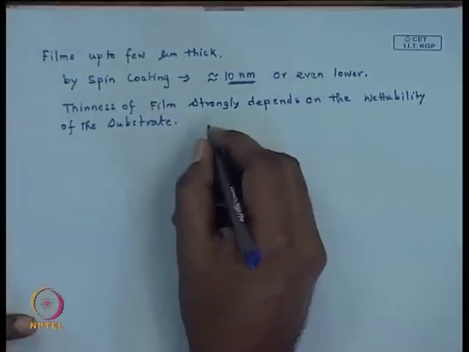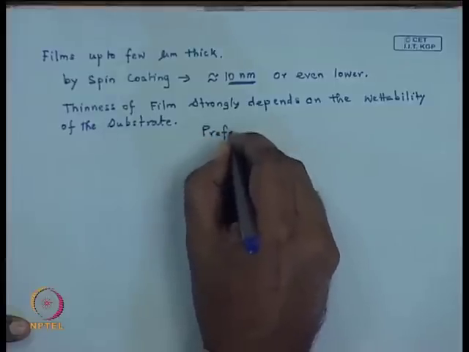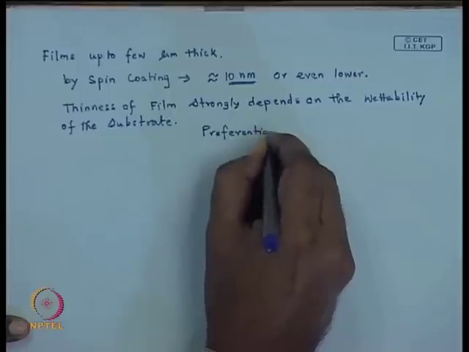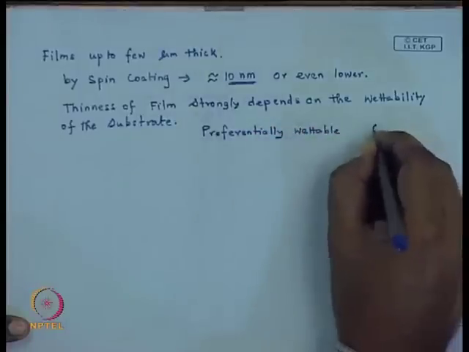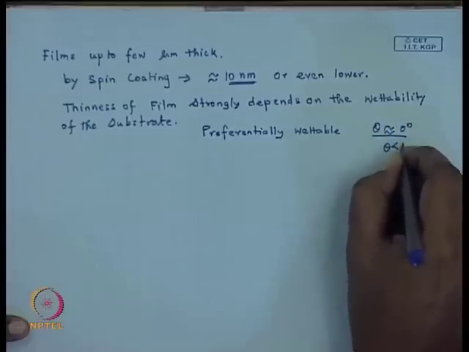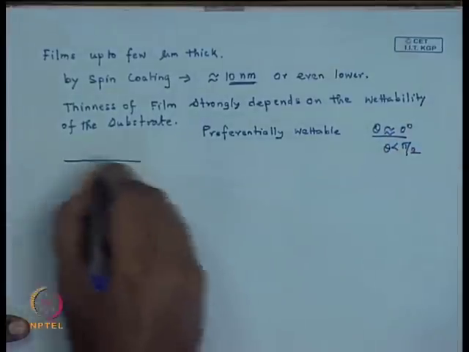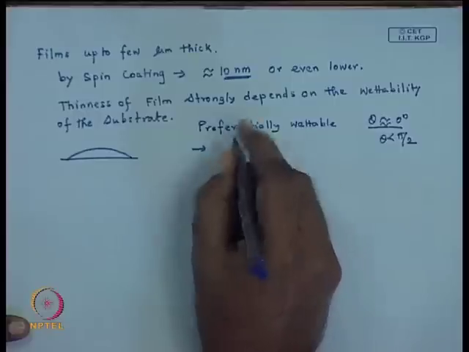So, in case you have a preferentially wettable substrate, that is theta is closer to 0 degree or at least theta is less than pi by 2 and it is pretty low, you can achieve very low thicknesses.